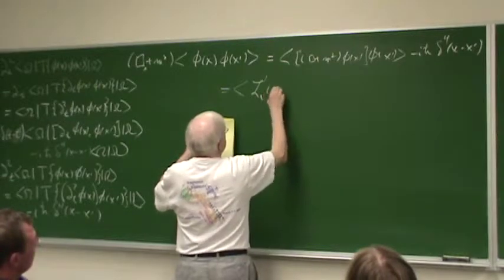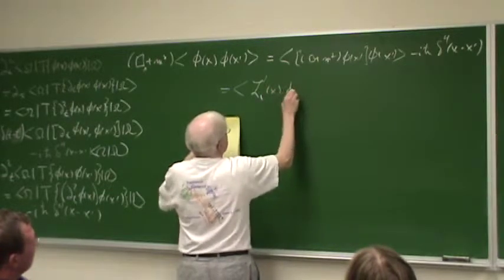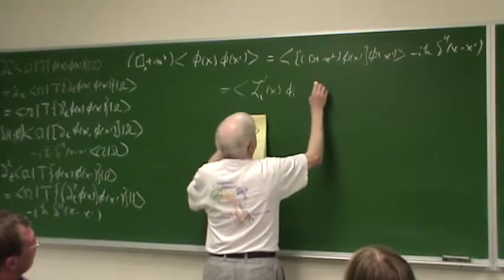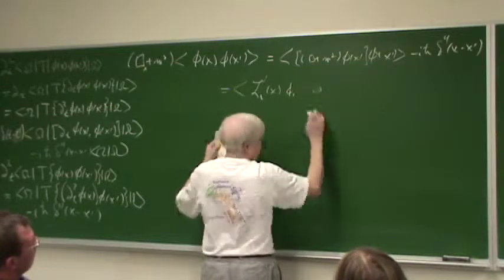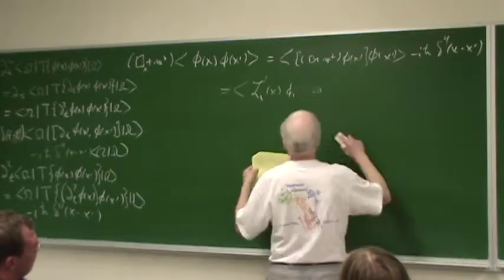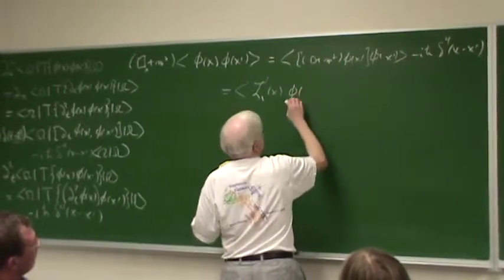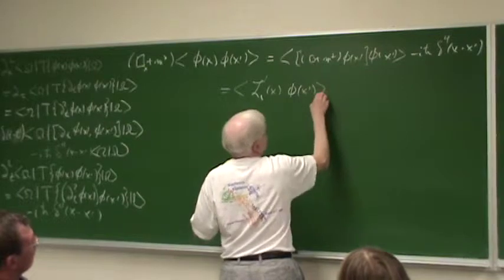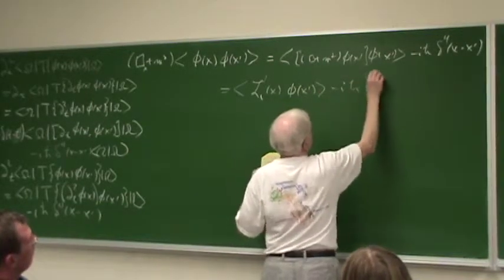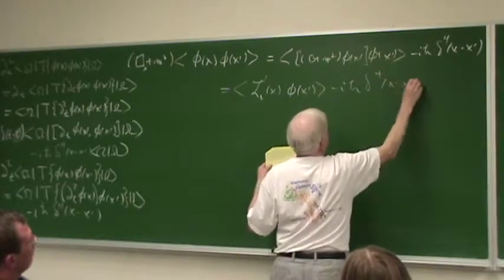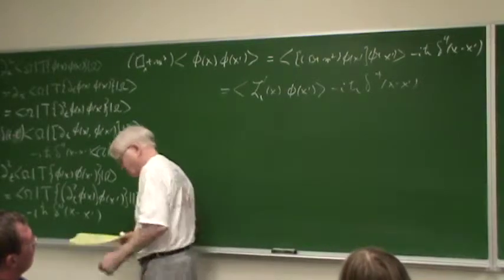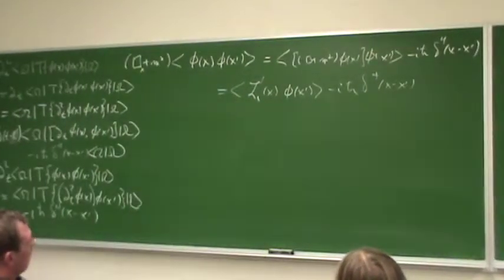And this is evaluated then at x, and then phi 1. Well, in this case, let me just do this in 2 steps. So this is that times phi of x prime, minus i h bar delta 4 of x minus x prime. Okay, so this is the simplest of the Schwinger-Dyson equations.